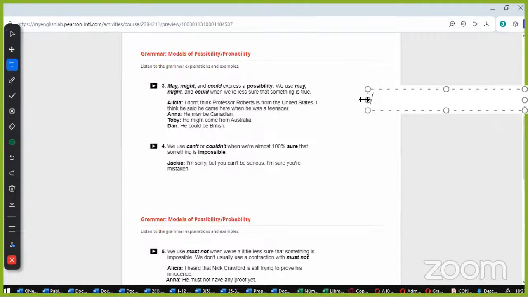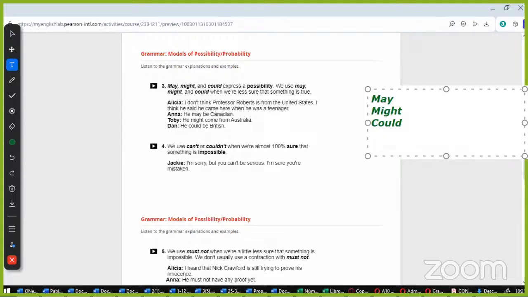Okay, so here we have these that express probability and possibility: may, might, and could. These express possibility, like he might be British, or something like that.